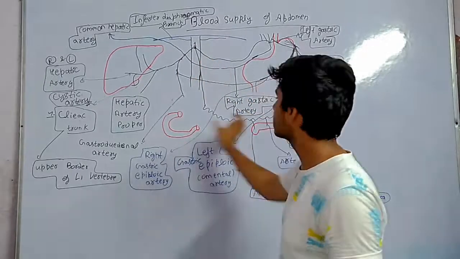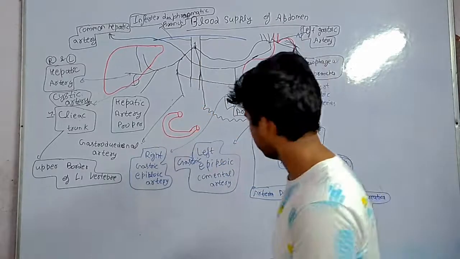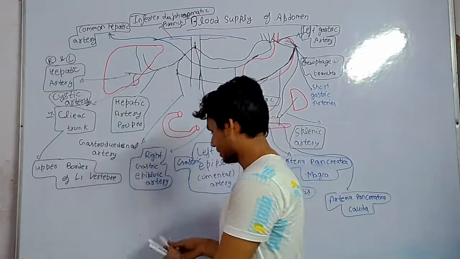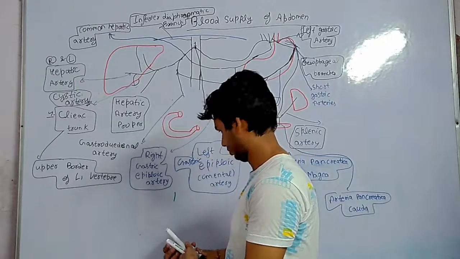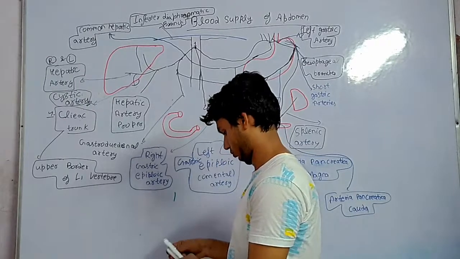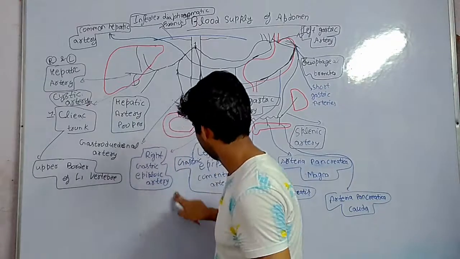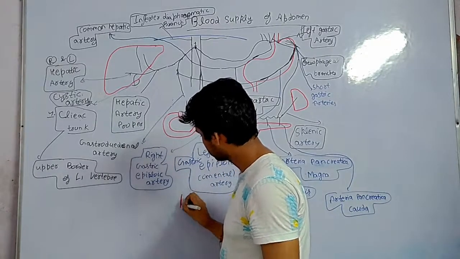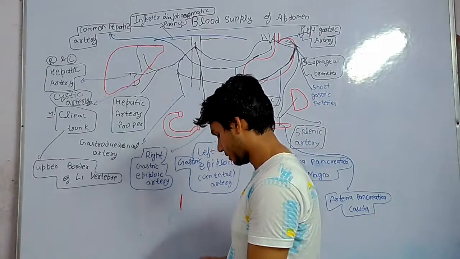Here, the pancreas is present in the curvature of the duodenum. This is the duodenum. This is the gastroduodenal artery, and here is the pancreas.